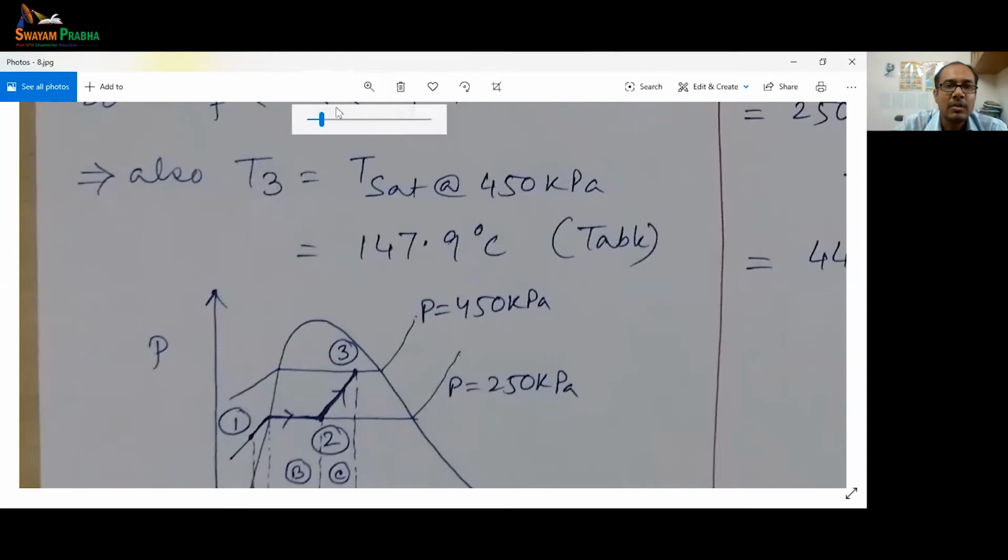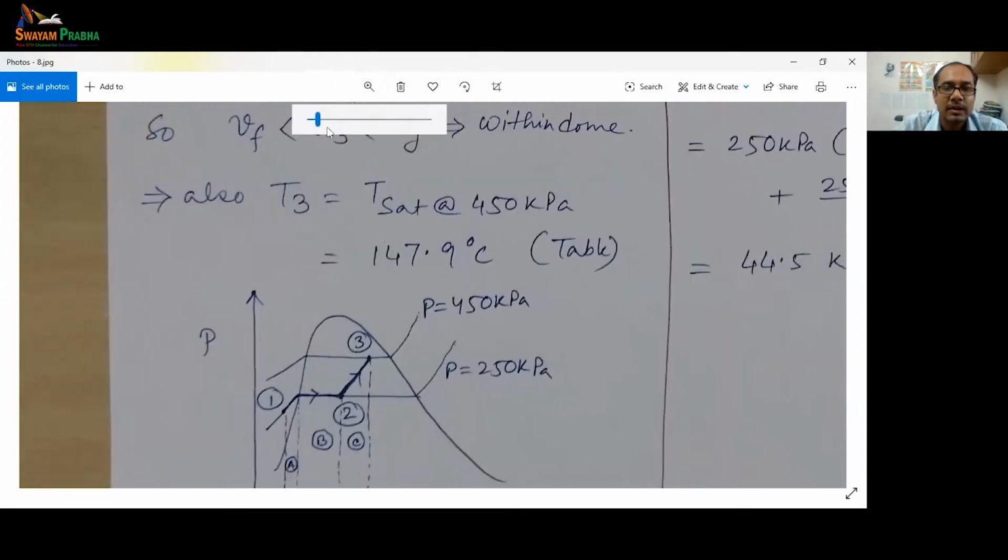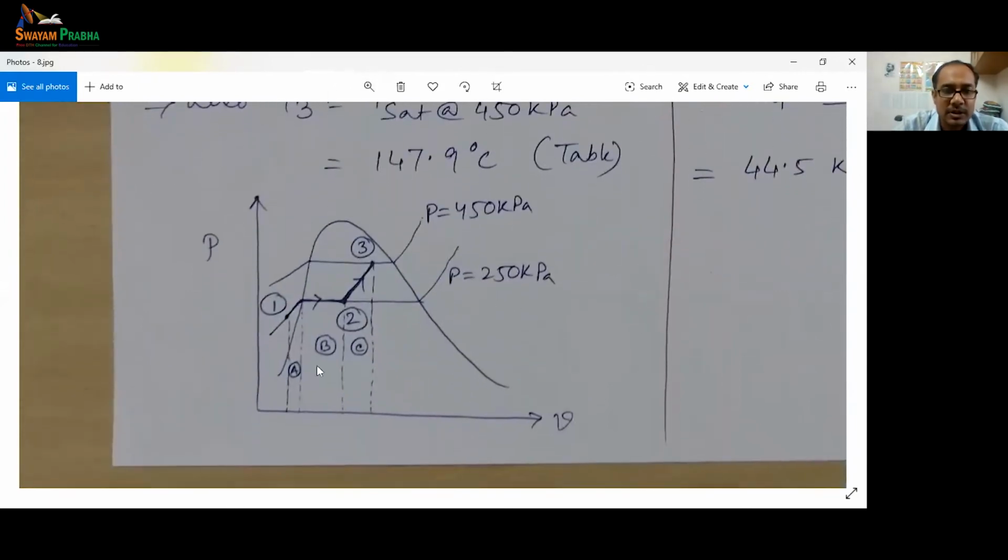Okay, so now if we closely look at what is happening in this process, we are starting at this compressed liquid zone at state 1. We are following a constant pressure line to reach state 2 when the spring gets engaged, and now the pressure is changing linearly, and at state 3 it is reaching 450 kPa but within the dome itself.